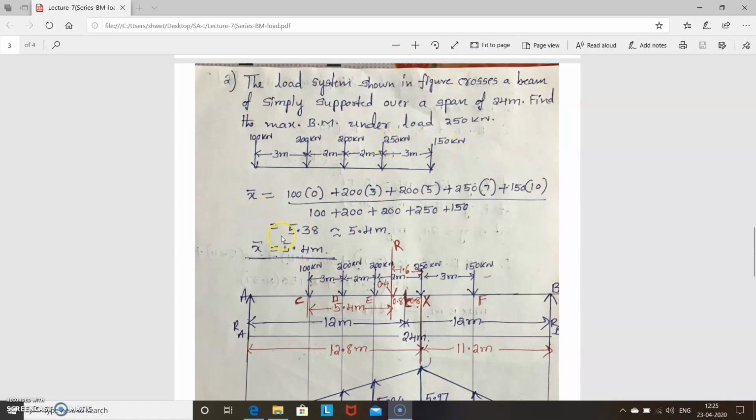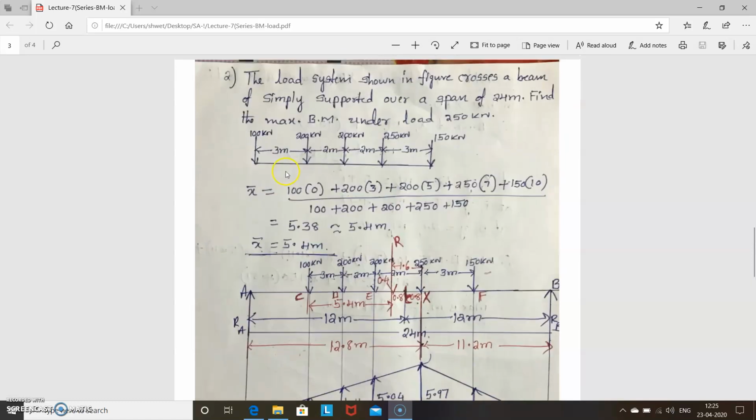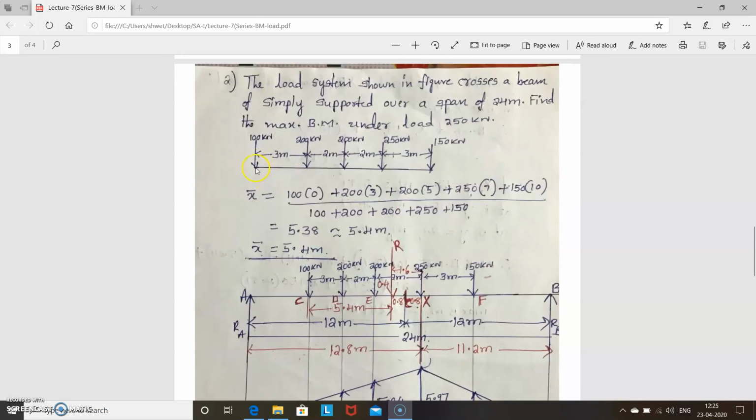So you get x bar equal to 5.38. We will consider it as 5.4 meter. So now the resultant lies at a distance of 5.4 from this side, from here.